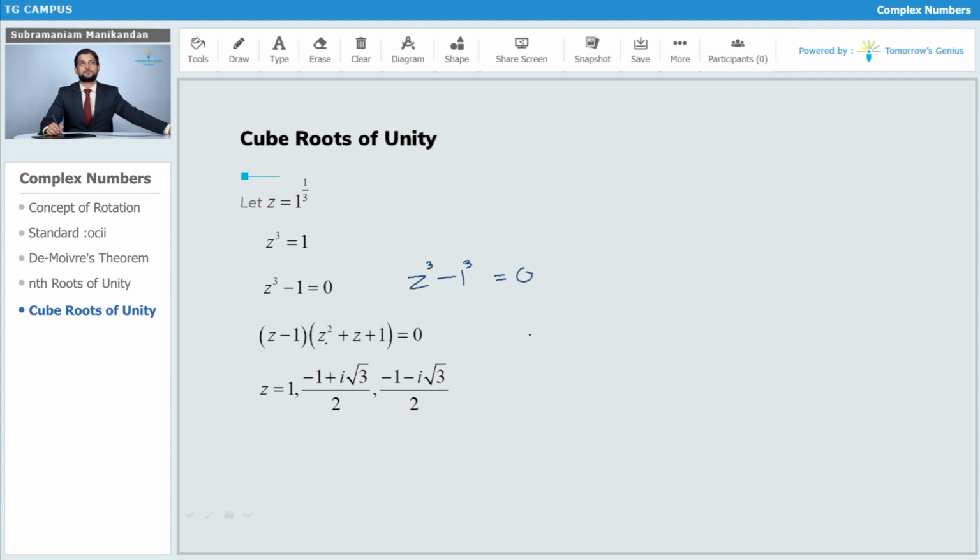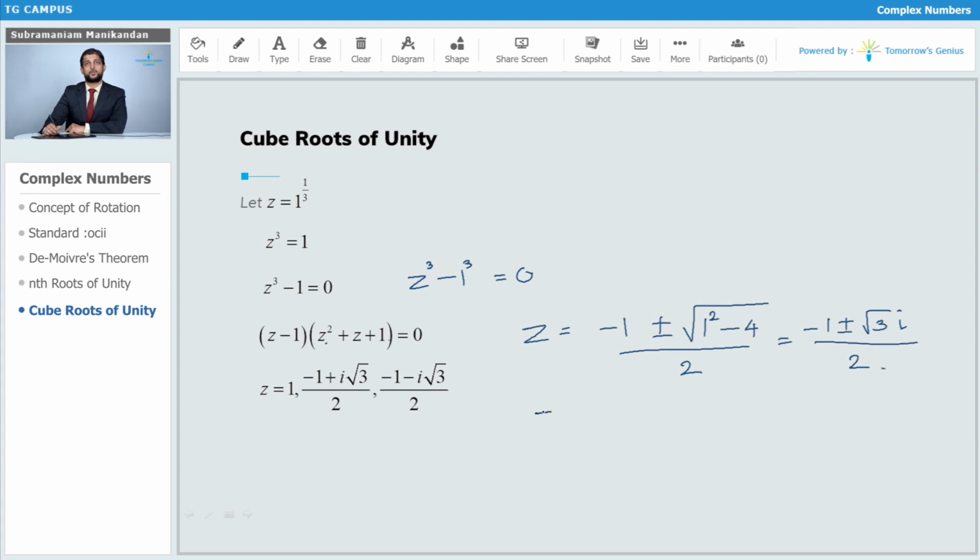So therefore we get z is equal to 1, and the other factor is a quadratic factor, and applying the quadratic formula we get minus 1, the coefficient of z, plus minus square root of 1 square, minus 4 times the coefficient of z square times the constant term, divided by 2. 1 square is 1, 1 minus 4 is negative 3, and so we have minus 1 plus minus the square root of 3 times the square root of minus 1, so we write that as iota, divided by 2.